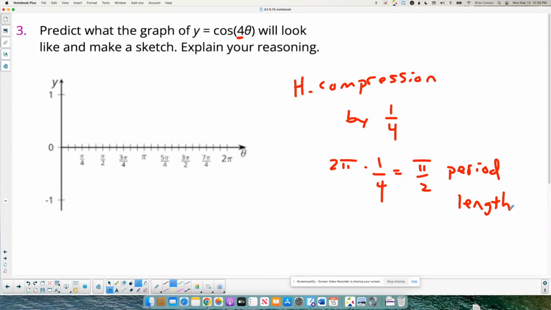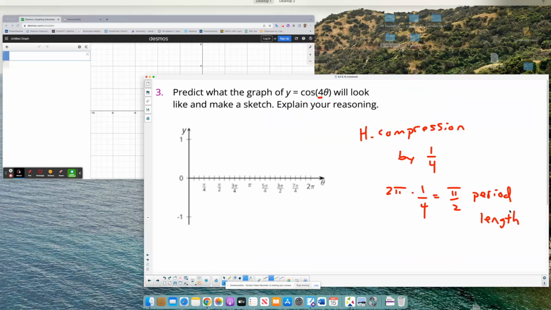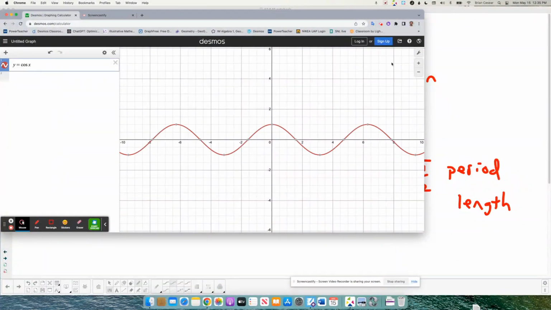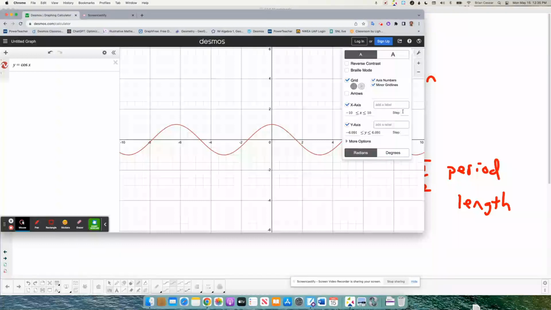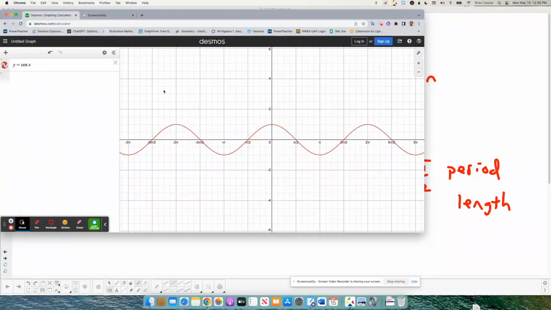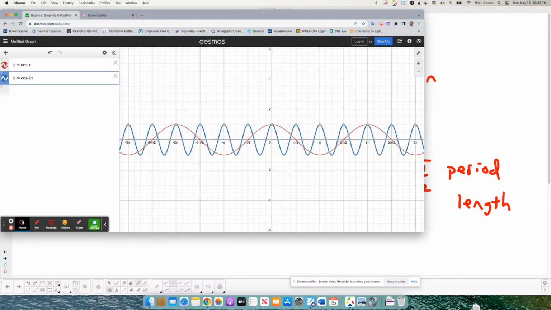Okay, so I'm going to go to Desmos and I'm going to graph it real quick. So if I graph y equals cosine x, let me change my step to be pi over 2. All right, and then if I graph y equals cosine 4x, you can see here that the period length is pi over 2.